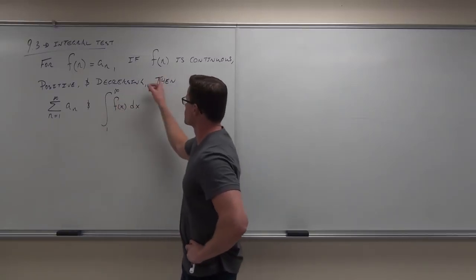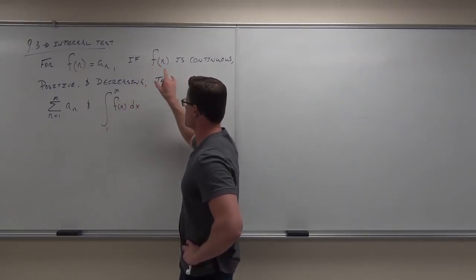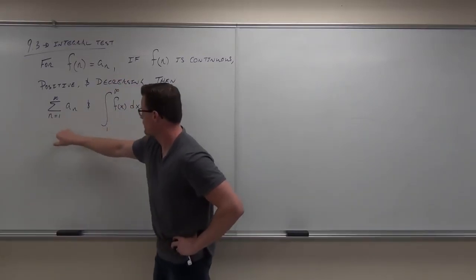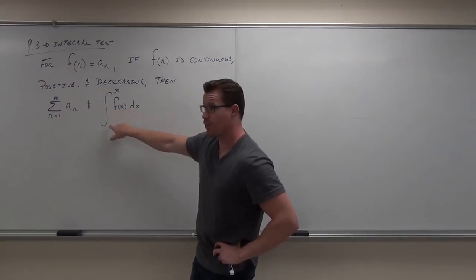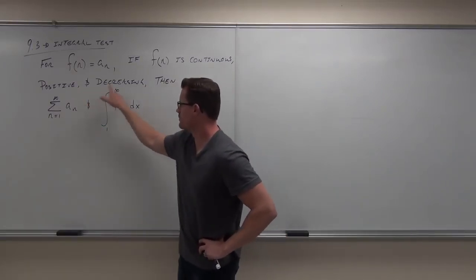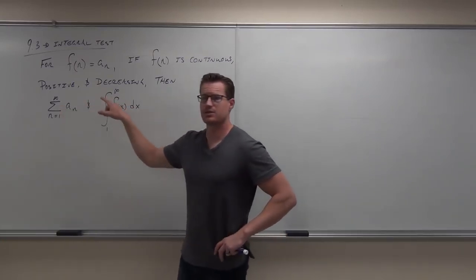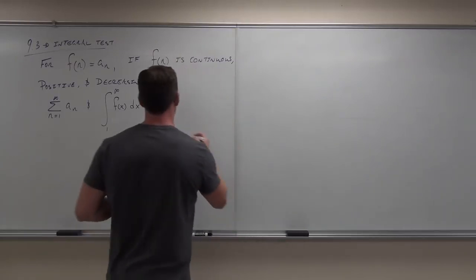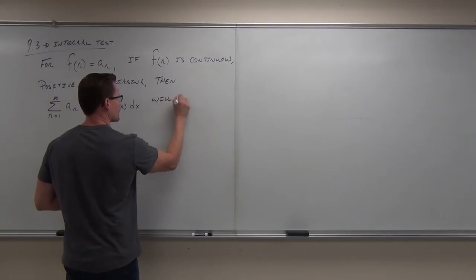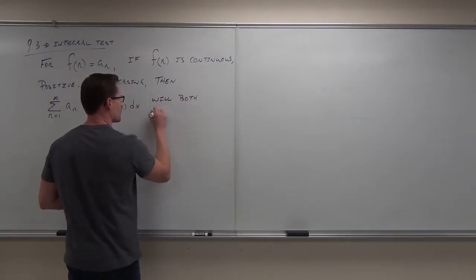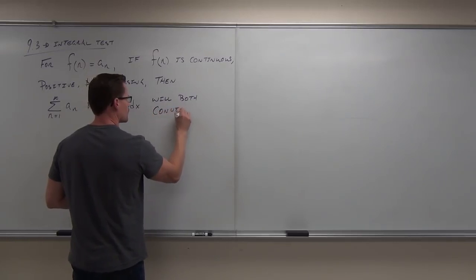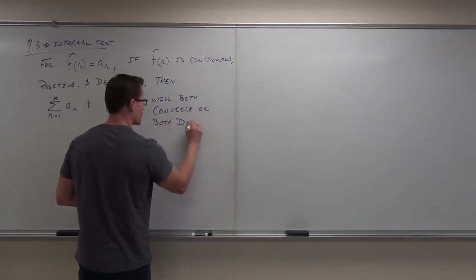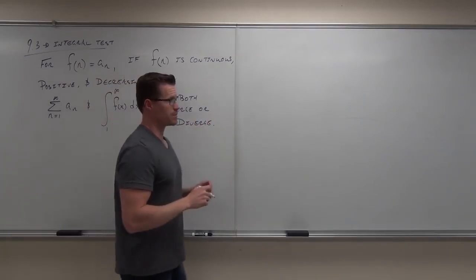We say, hey, if this function is continuous, positive, and decreasing, then this series of a sub n and this integral of f of x from 1 to infinity, notice we start at 1, going to infinity, then this integral will have the same result. They will both converge or they will both diverge. But either way, they will have the same result.